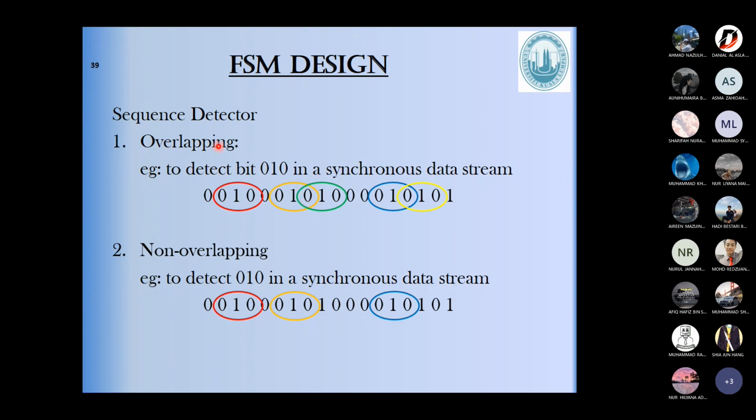The difference between overlapping and non-overlapping is overlapping allows the detection to use the same bits more than once. Okay, apa maksud dia? 010 you detect satu detection lah, 010. And then the same 0 yang belakang ni menjadi 0 yang pertama untuk detection yang seterusnya. So dekat sini dia ada overlap, nampak?